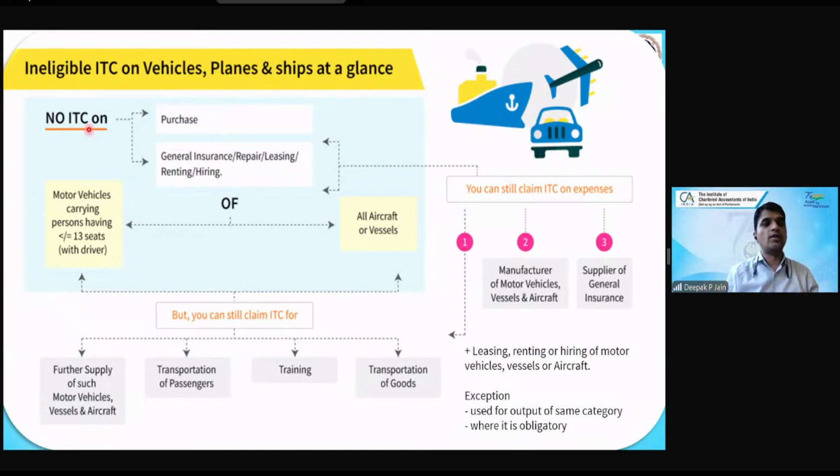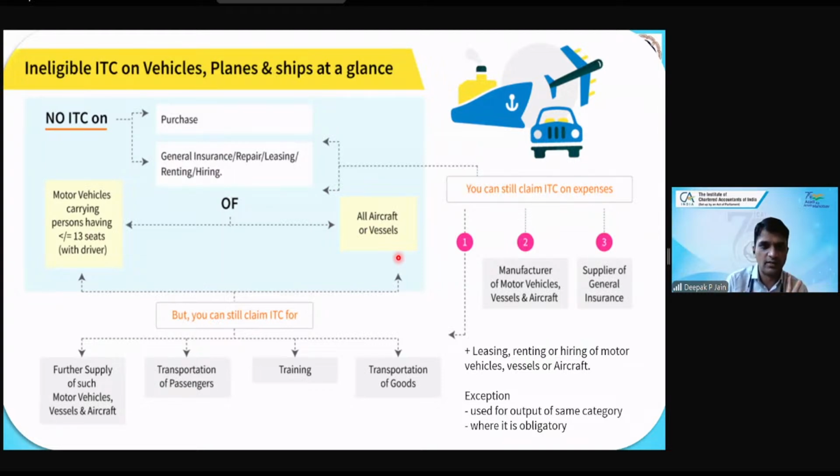No ITC on any purchase, general insurance, repair, or leasing of motor vehicles carrying passengers having seating capacity less than or equal to 13 seats, and all aircrafts and vessels. So three things are restricted in the first part of block credit: vehicles, aircrafts, and vessels. Any motor vehicles, all aircrafts and vessels.